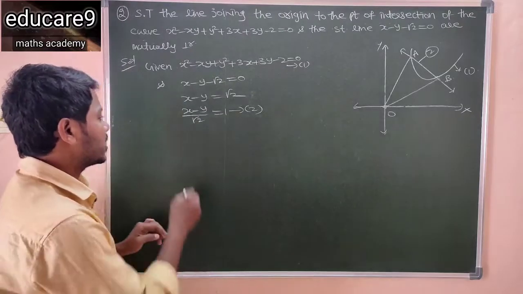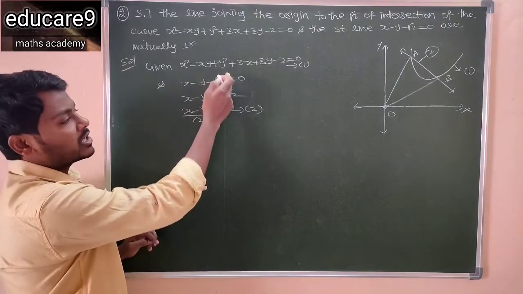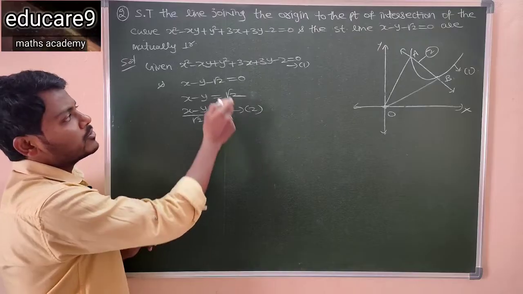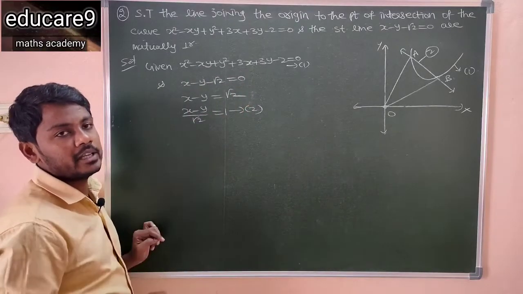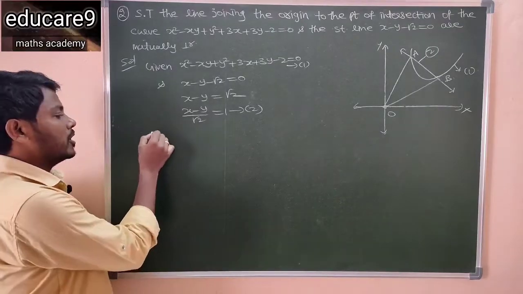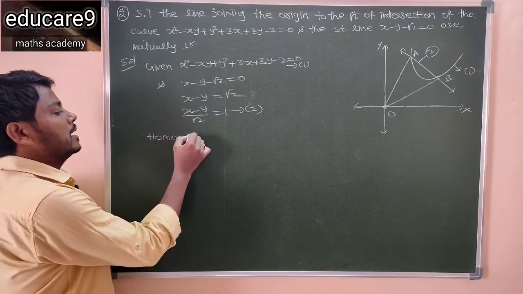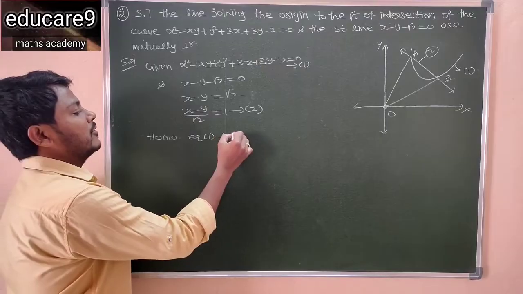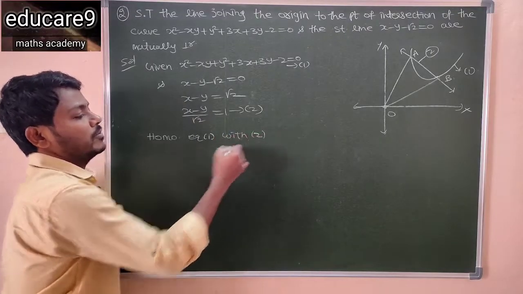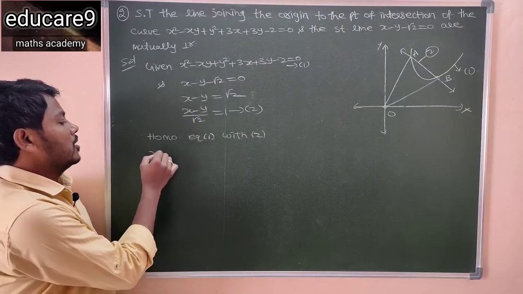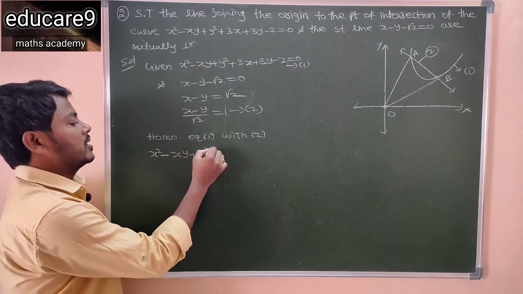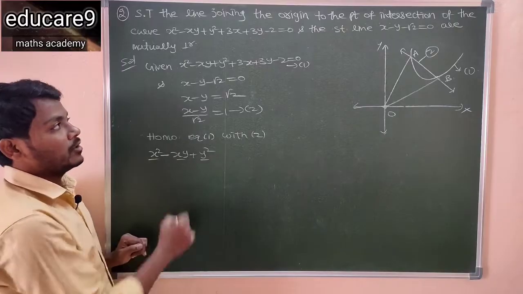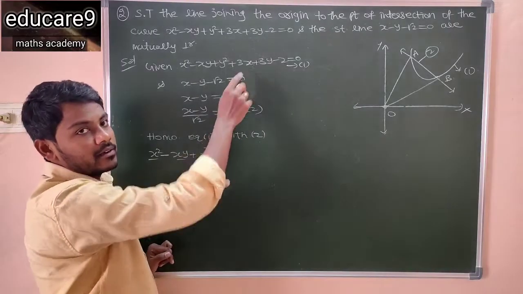So for that, first we have to homogenize equation 1 with the help of equation 2, which means we have to make each and every term have the same degree. So here, x² − xy + y²: degree 2, degree 2, degree 2. But here the degree is 1.